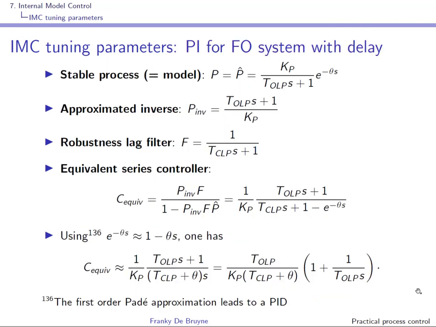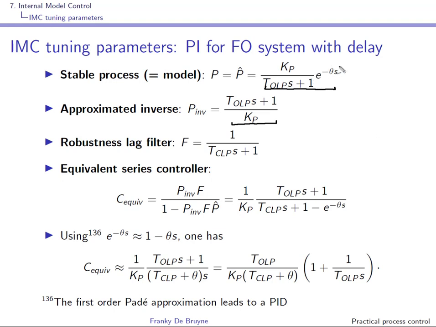Let us find the IMC tuning parameters for the first order system with delay, for this particular transfer function, and we'll assume here that we have an internal model controller where the model is exact. What we'll need in the internal model controller is the approximated inverse, and here it is.